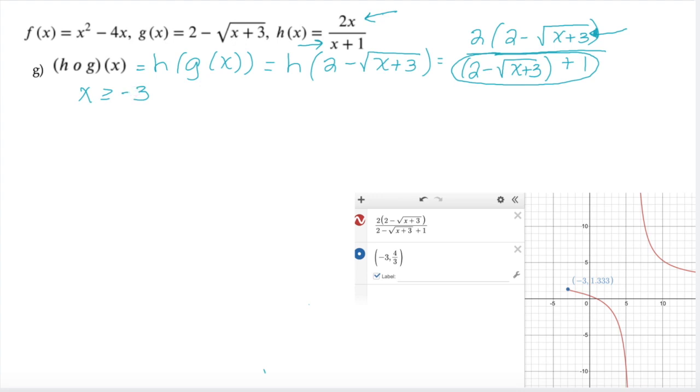But we do have to do a little bit of solving to identify where it is equal to 0 within our denominator. 2 minus the square root of x plus 3 plus 1. Where is this 0 so that we know where to avoid? I could subtract 1 and subtract 2, giving us negative square root of x plus 3 is -3. Divide by the negative.